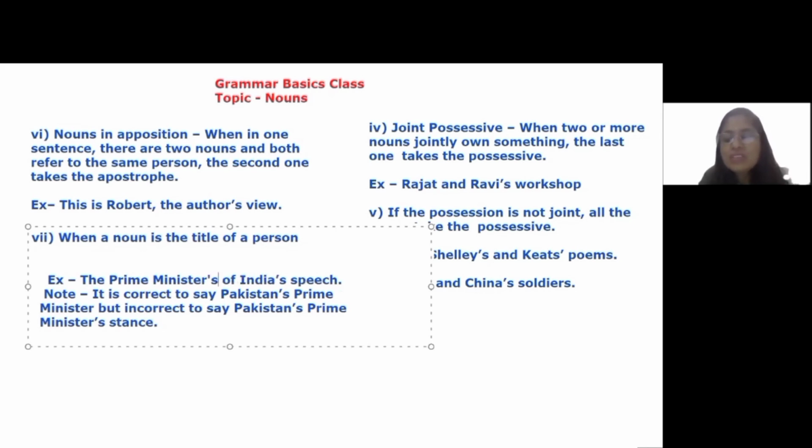This is the Prime Minister's view. But if I say Prime Minister of India, then I don't say the Prime Minister's of India's speech. Then I will only say this is the Prime Minister of India's speech.